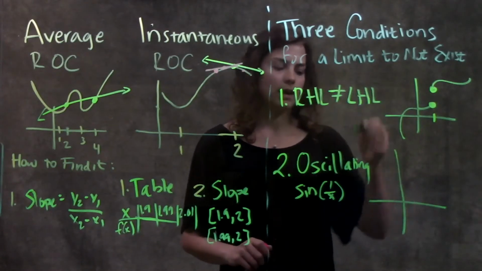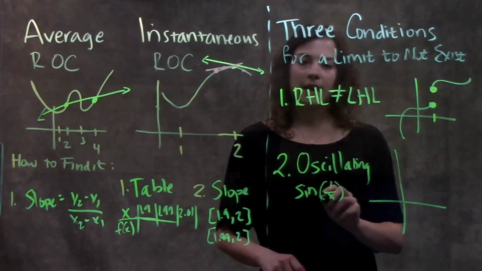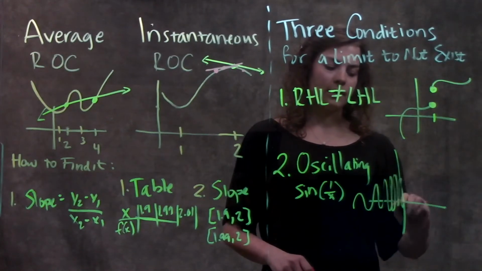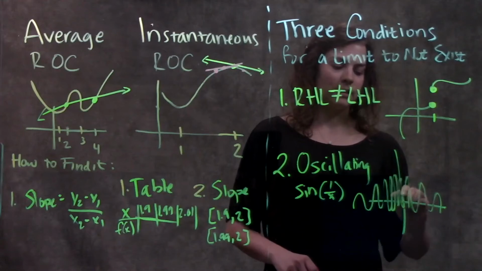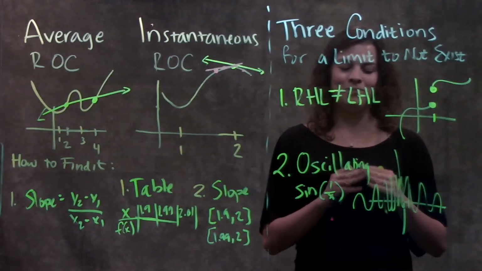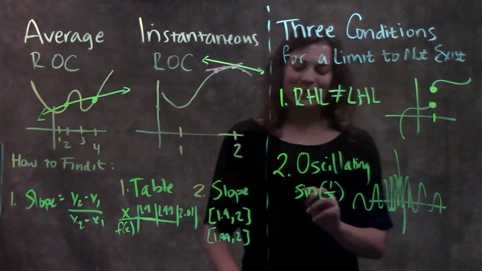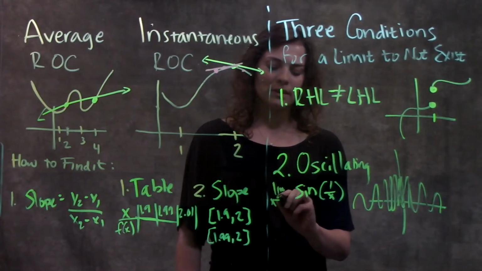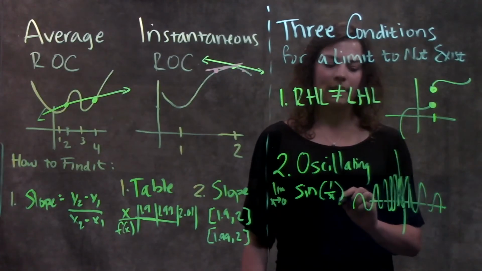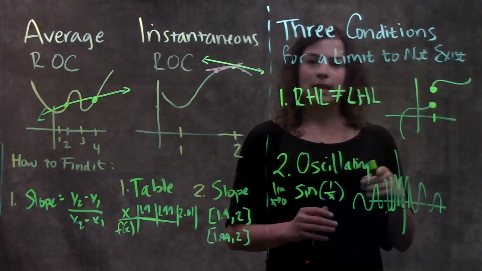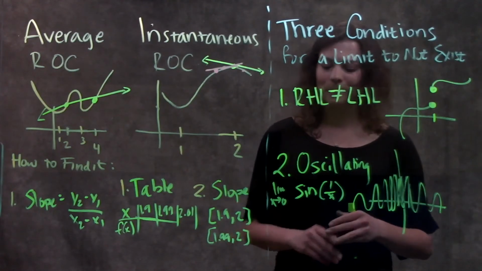It goes up and down at a regular pace, but the function sine of 1 over x, as it gets closer and closer to 0, starts oscillating super fast up and down from both sides. This is a really crude drawing, but it goes something along those lines. So the limit as x approaches 0 of sine of 1 over x doesn't exist because it's oscillating so frequently and so highly at that point.